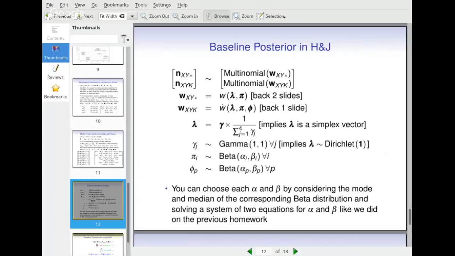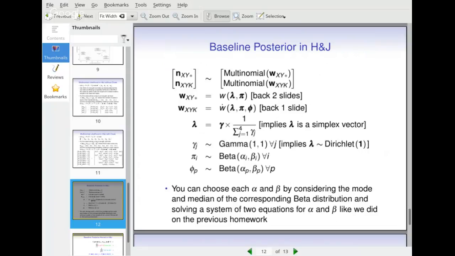That's assuming a uniform prior over the space of simplex vectors. So all simplex vectors of length 4 have equal probability density regardless of what lambda is.